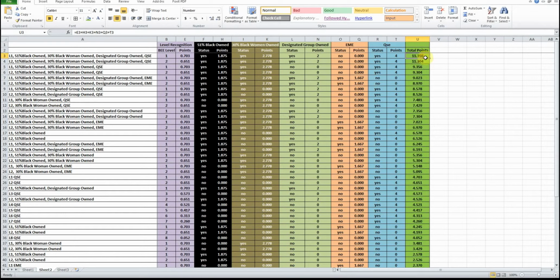Now that 11.35 points they will get if company B is a level 1 BEE, 51% black owned, 30% black woman owned, designated group owned QSE. Now QSE is a qualifying small enterprise, i.e. a company with a turnover of between 10 and 50 million per annum. So that is the maximum amount of points company A can get from 2.5 million rand spent with company B.